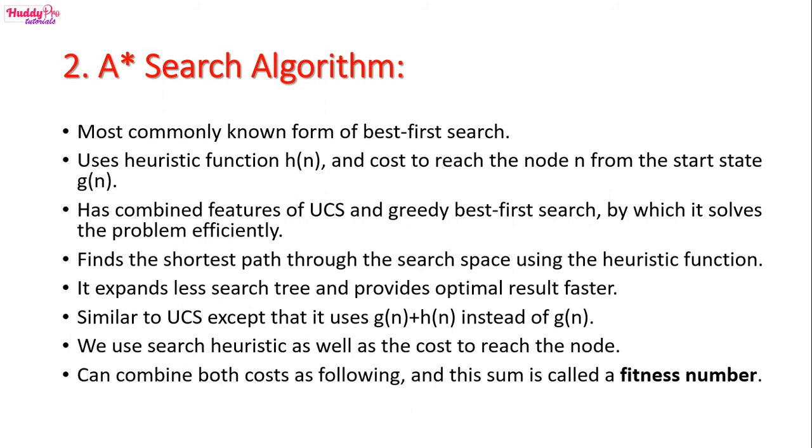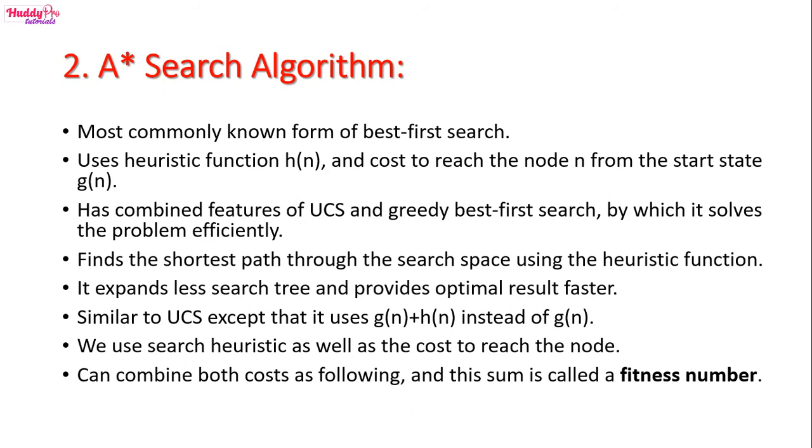So this one uses 2. It has g of n and h of n. The h of n is the heuristic function, and then the cost to reach the node is the g of n.